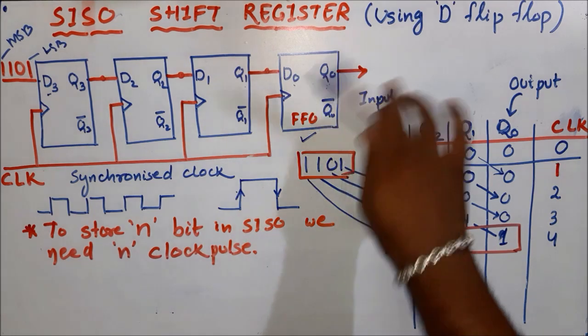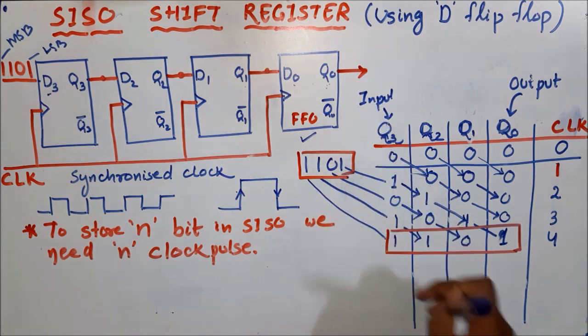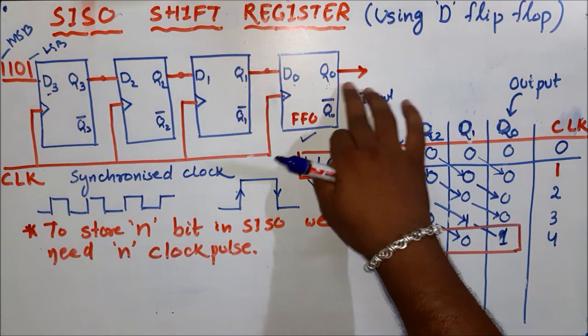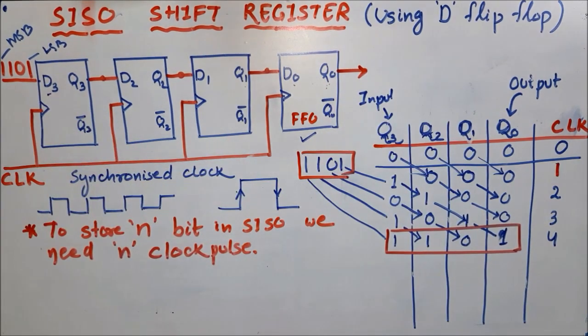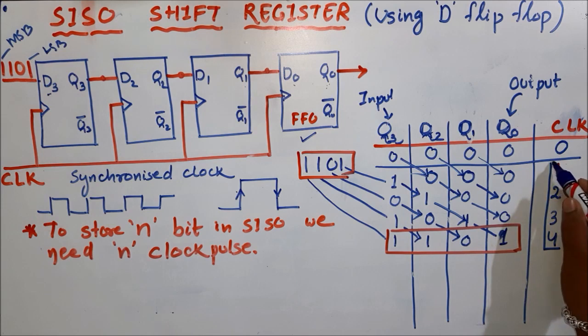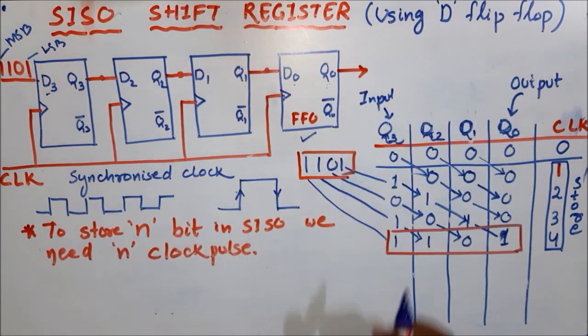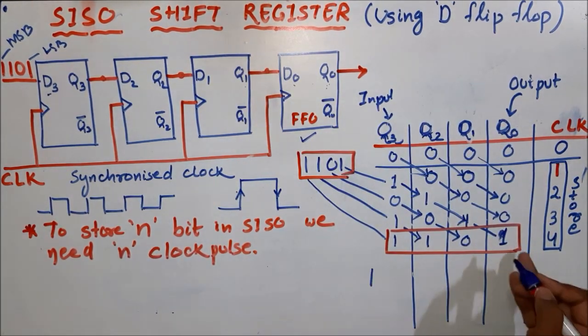Now the data is stored. I want to take it out. So you can see Q naught is 1, it already came. So in the 4th clock pulse, Q naught is giving this LSB. So LSB already came out. Up to this is called storing. Now I want to take out the data individually because Q naught is my output line, so I already got the LSB 1.